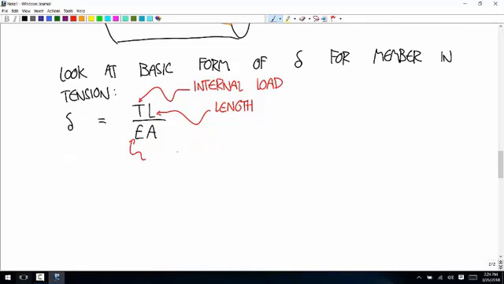E is a material stiffness resisting the internal load.